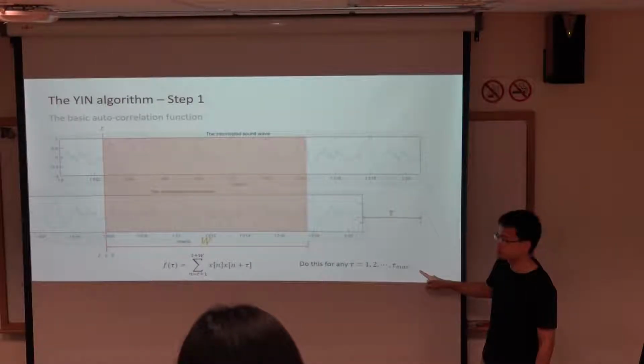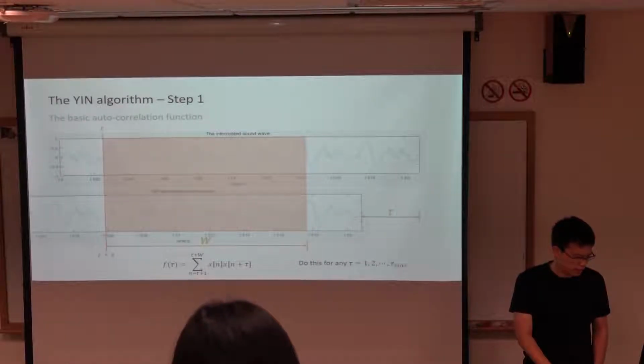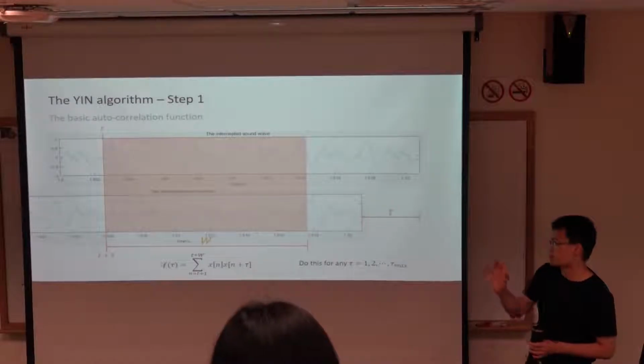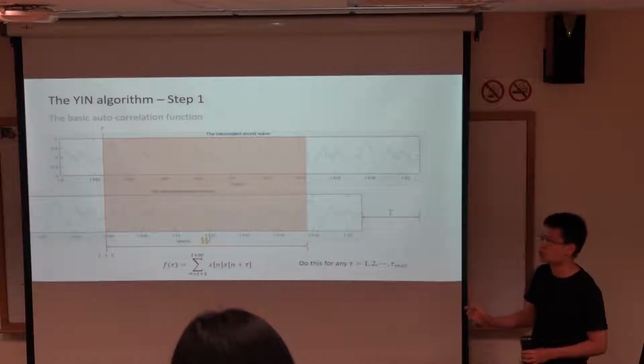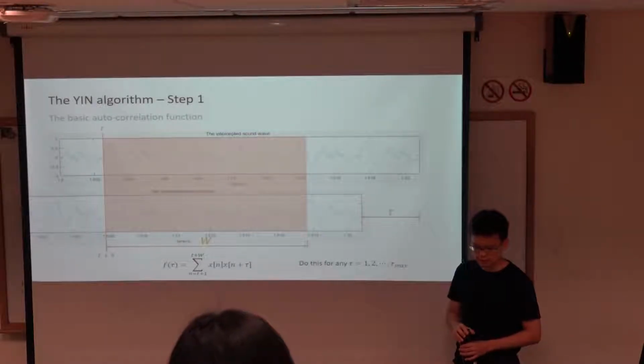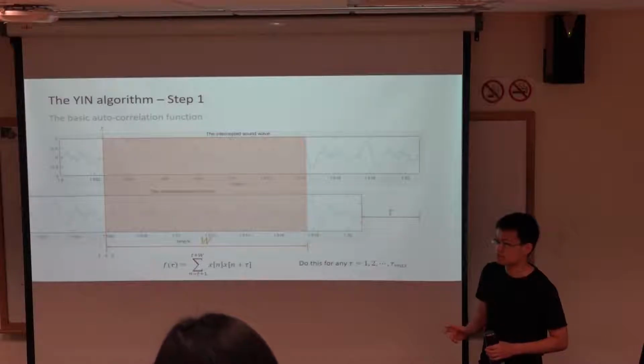So please understand f tau. F tau means I compare the original signal with the signal which is shifted by tau beats.